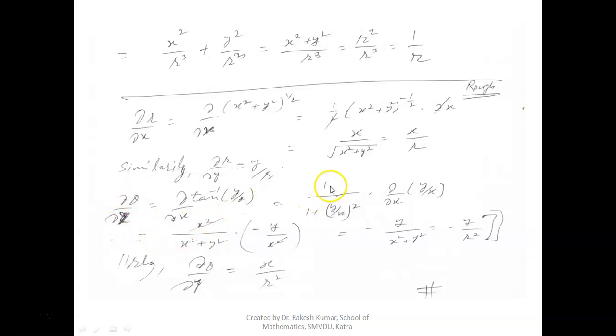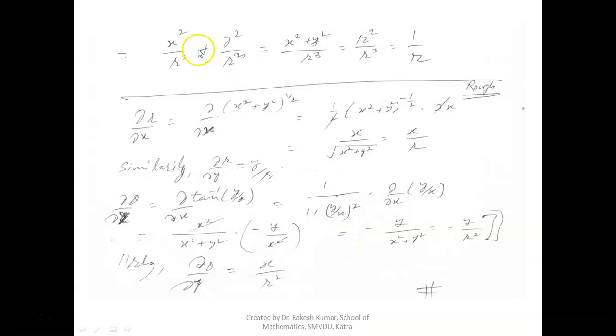So tan inverse y upon x gives 1 upon 1 plus y upon x square into del x of y upon x. This we know from the differentiation of tan inverse. The partial derivative of y upon x is minus y upon x square. So just simplifying, I get minus y upon r square. Similarly, we can find del y of theta is equal to x upon r square.